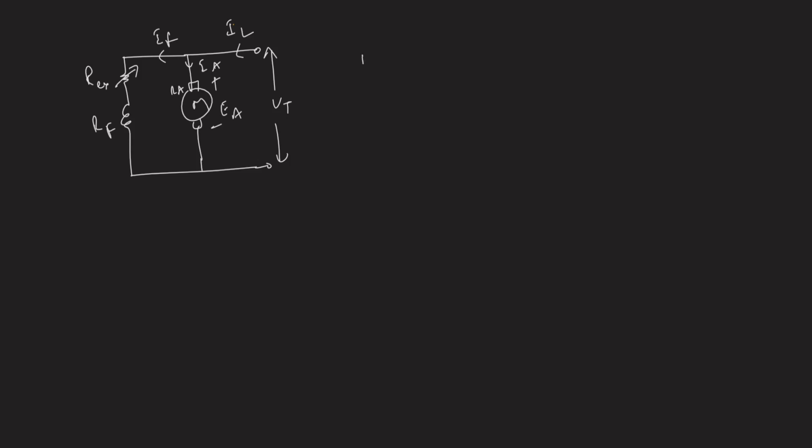So what happens if external resistance is included? Initially it is 0. Now if I slowly increase the external resistance, because this is connected across the terminal voltage VT, IF, which is actually VT by RF plus R external, as this is increasing, IF decreases.